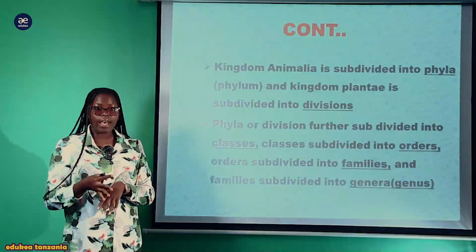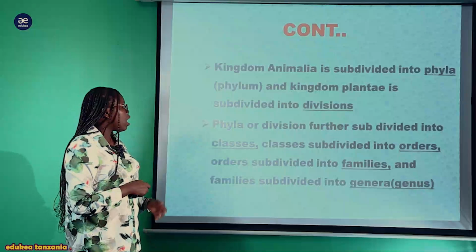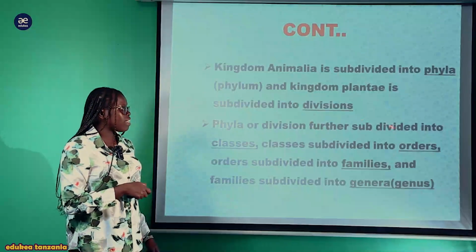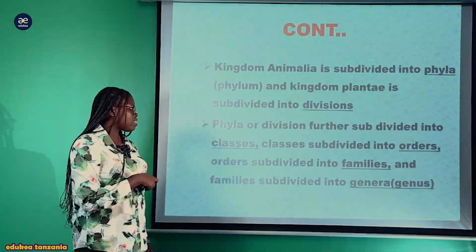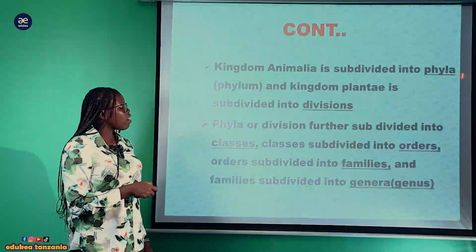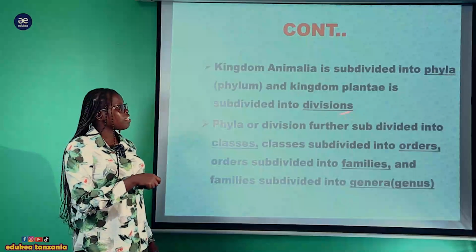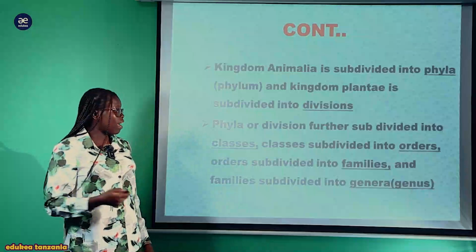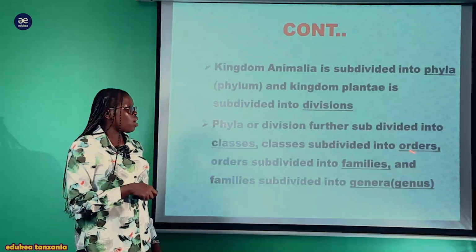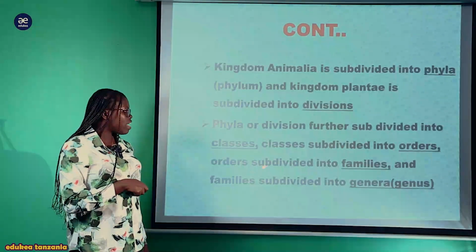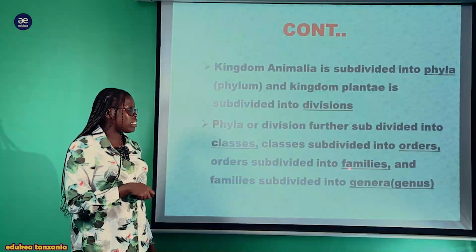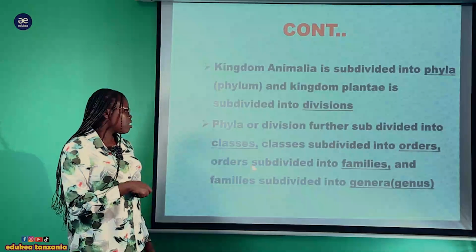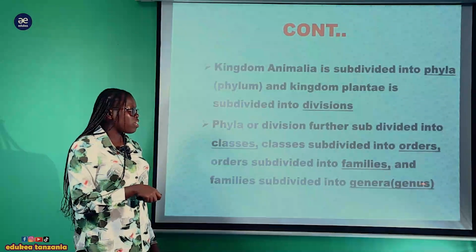Now, the phylum or division is further divided into classes. After phyla or division, it is divided into classes, and classes are divided into orders, and order is further subdivided into families, and families are subdivided into genera, and genera are divided into species.